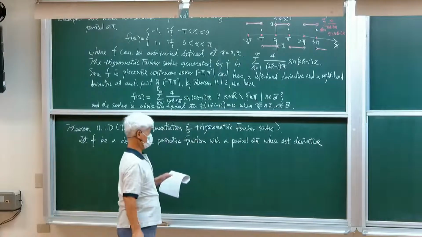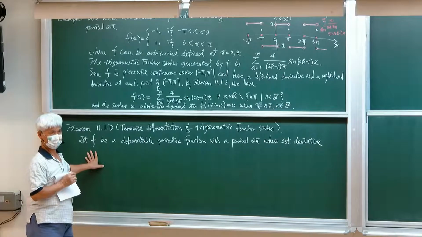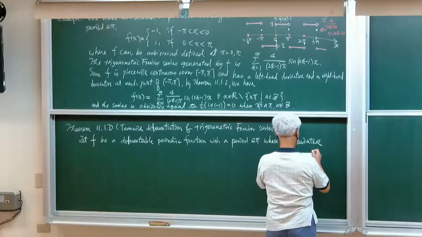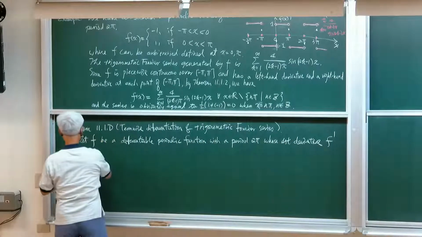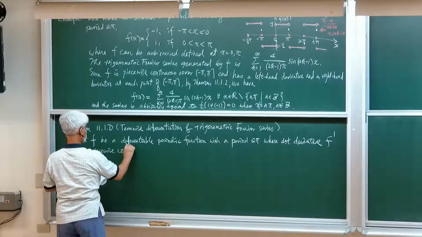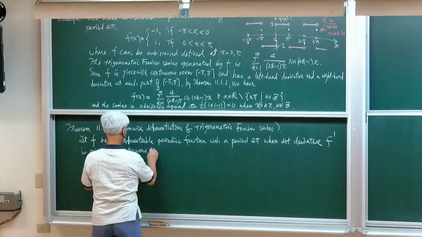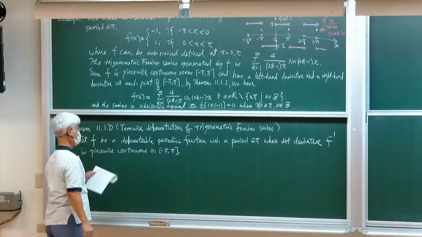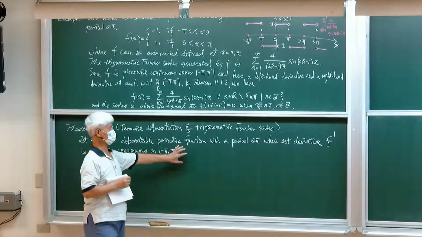Differentiable means that its first derivative always exists at every point. So first of all, we know f is a differentiable periodic function.